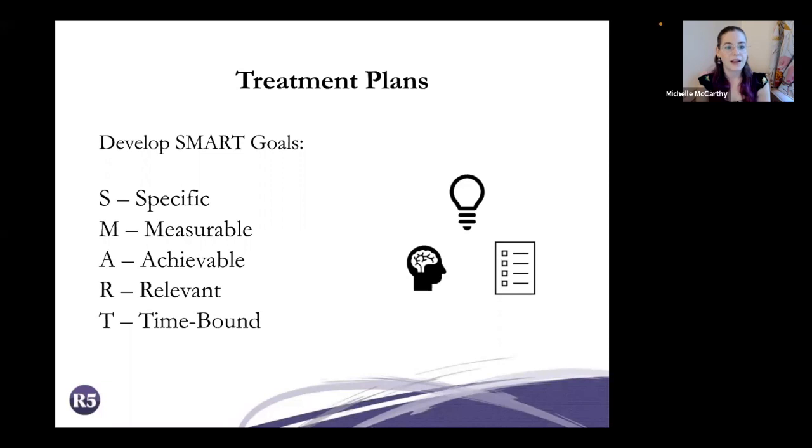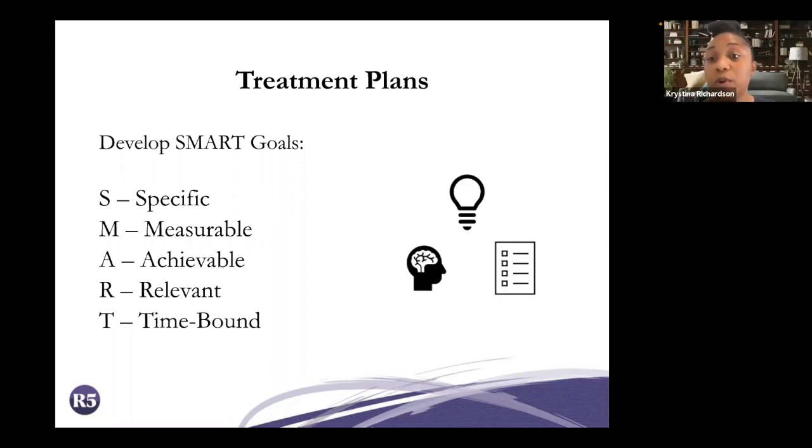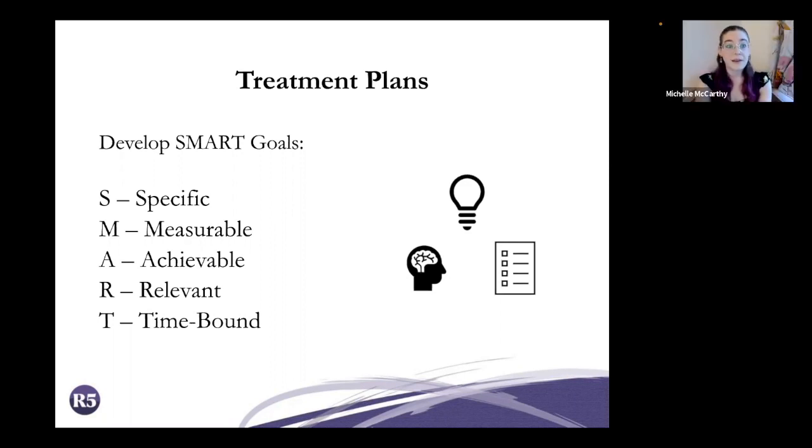How long is it going to take? What's the point? Do I really feel like I'm going to get anything out of it? So we go into making it measurable. How am I going to know whether or not this is a goal that we met? At the end of, say, 6 sessions, or end of 12 weeks, or by the next ISP review. So this is where we get into some sort of measurement.